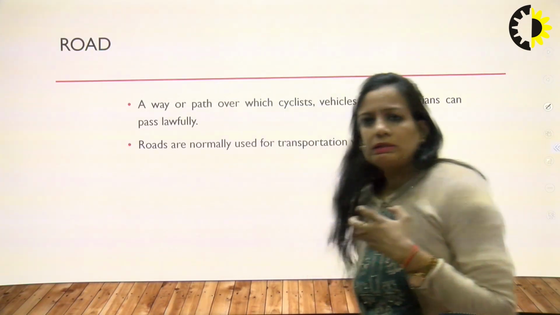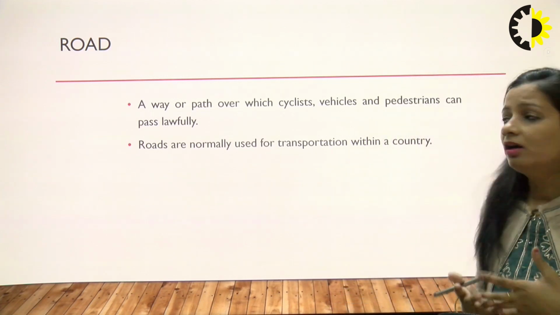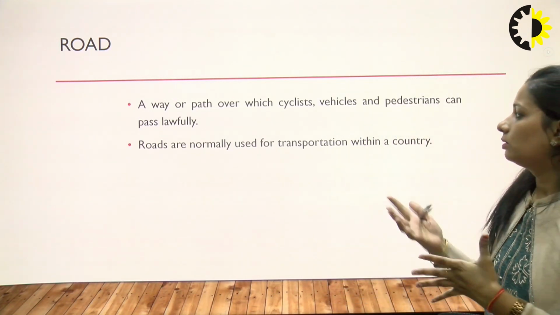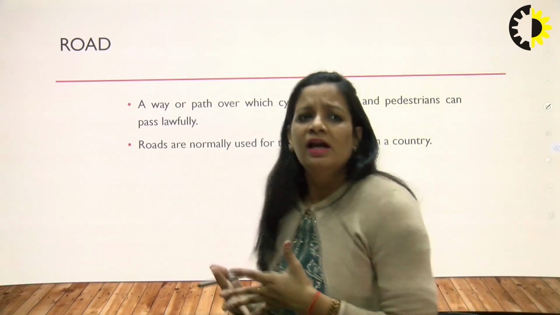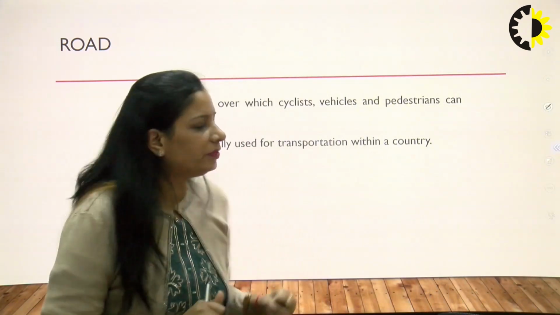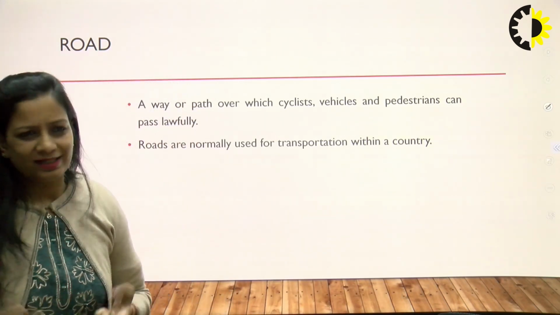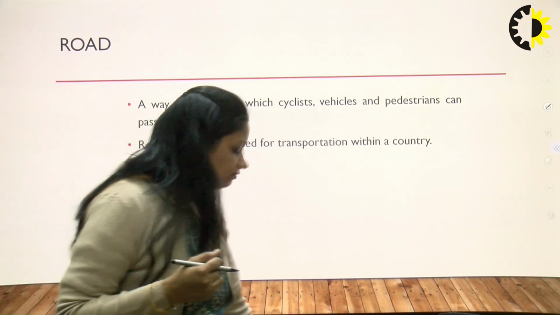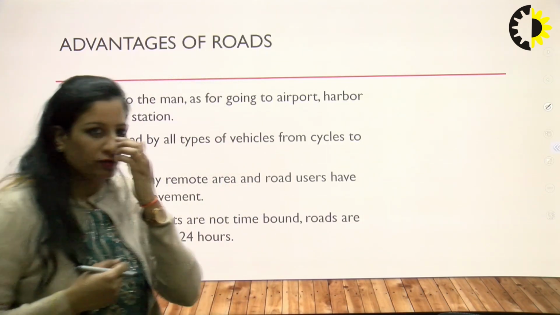The first and obvious thing: how can you define a road? A road is a path over which cyclists, vehicles and pedestrians can pass lawfully. Roads are normally used for transportation within any country, as we know very well. And what are the advantages of roads?